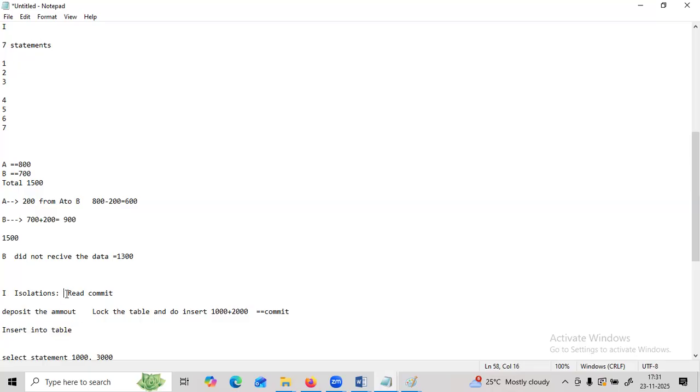By default, it is read committed. But when we go for any begin, and I did not press any commit, that time the transaction will wait for the commit.